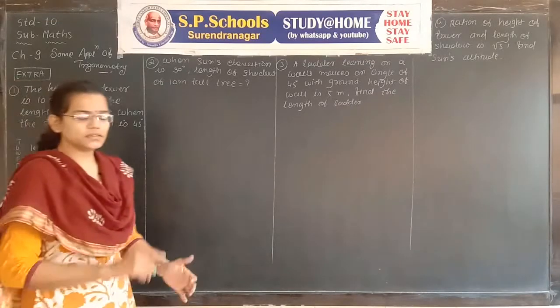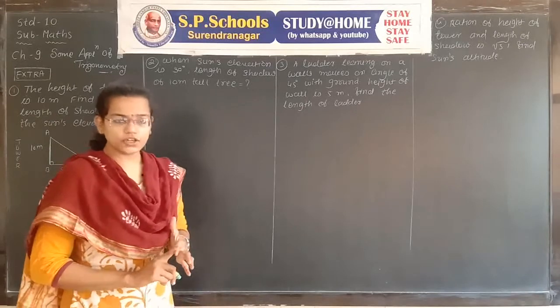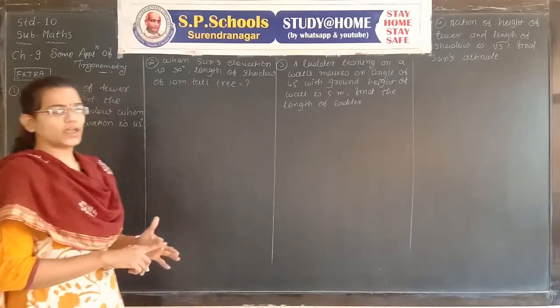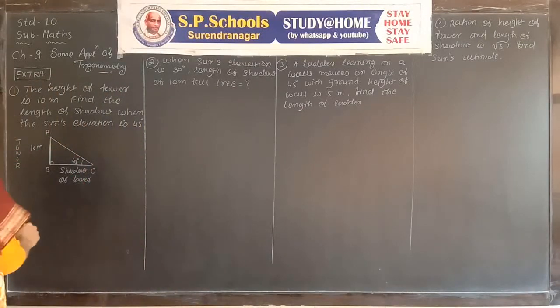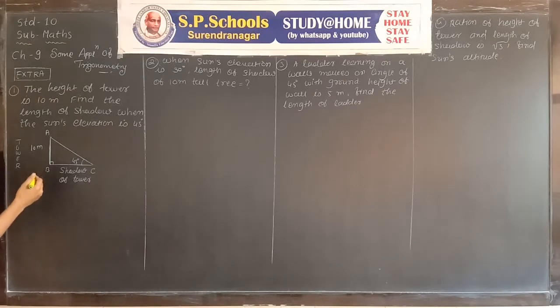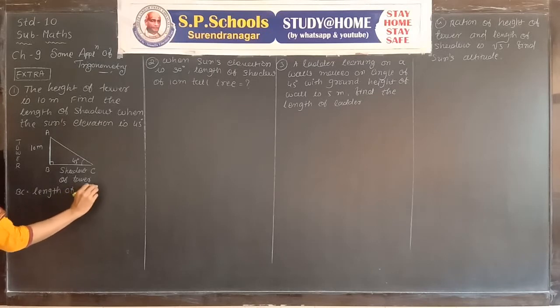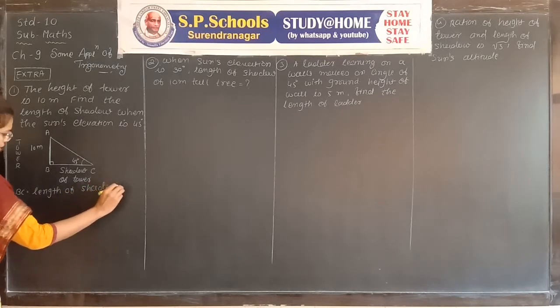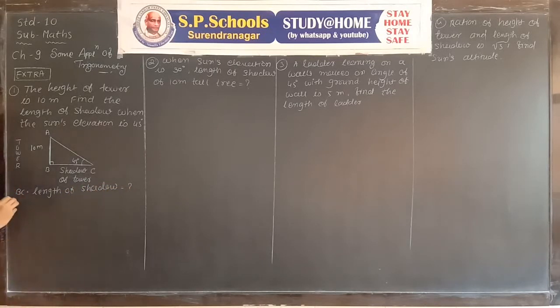Keep in mind, the side opposite to angle 45 and the side adjacent to angle 45 are both equal. Find the length of shadow. BC is equal to, the length of shadow, question mark.